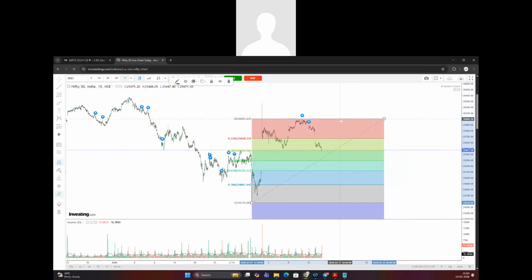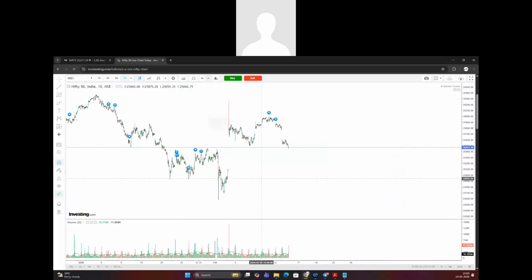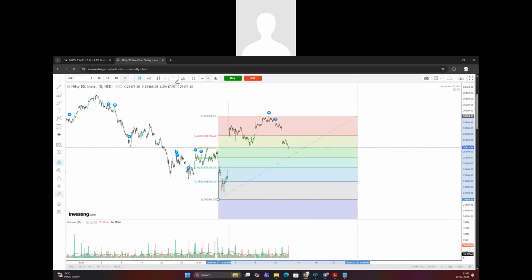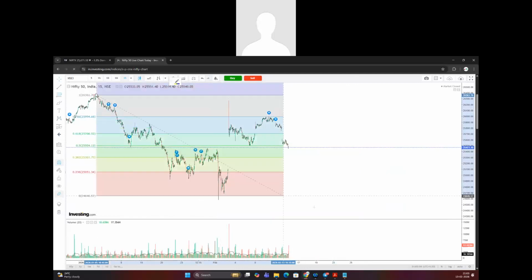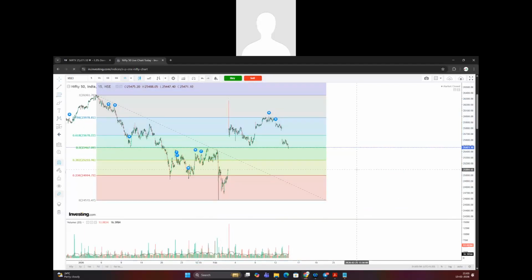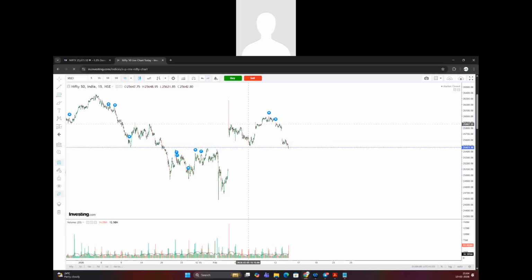The reason is that this is the low, this is the high. It has already crossed 0.236. If it has crossed 0.236, we will plot for the reversal. If not, we will plot for the straight. If not, we will plot this way.